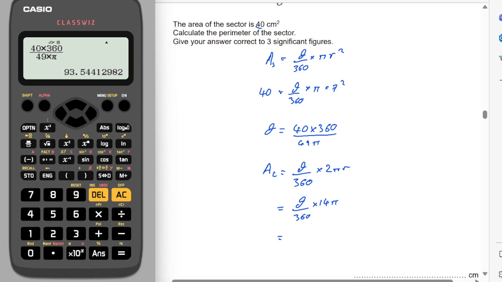So that's going to equal that. But hopefully, I think that this will actually end up tidying itself back up. So on a non-calculator paper, I'm sure that we could have done that.